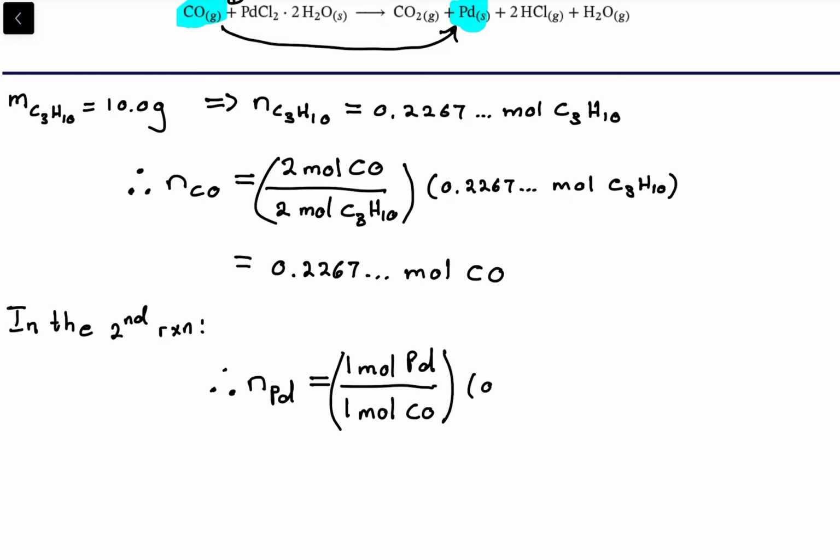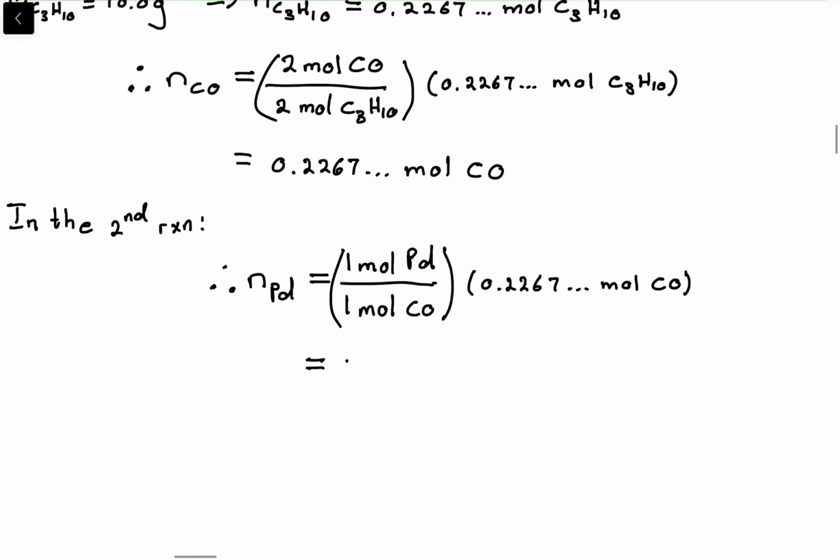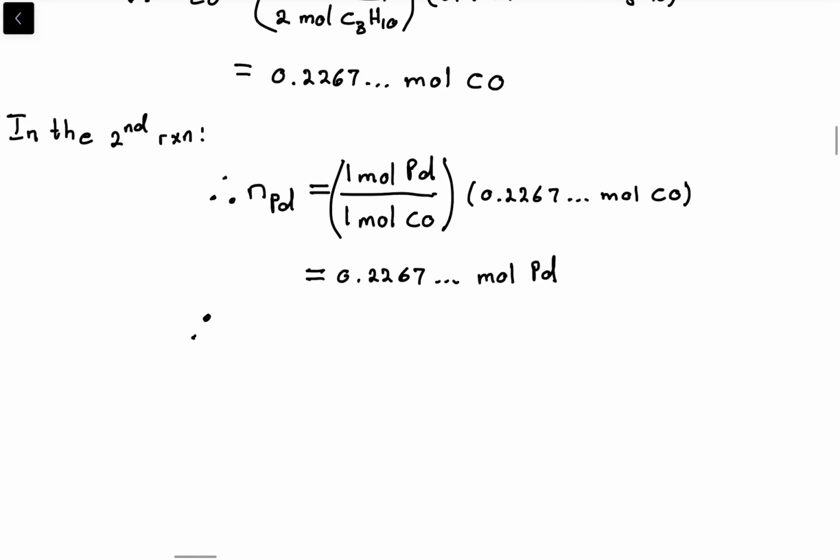How much do we have? We have 0.2267 mole CO that reacts. It's going to give us 0.2267 mole palladium. Finally, the mass of the palladium is equal to the number of moles times the molar mass.